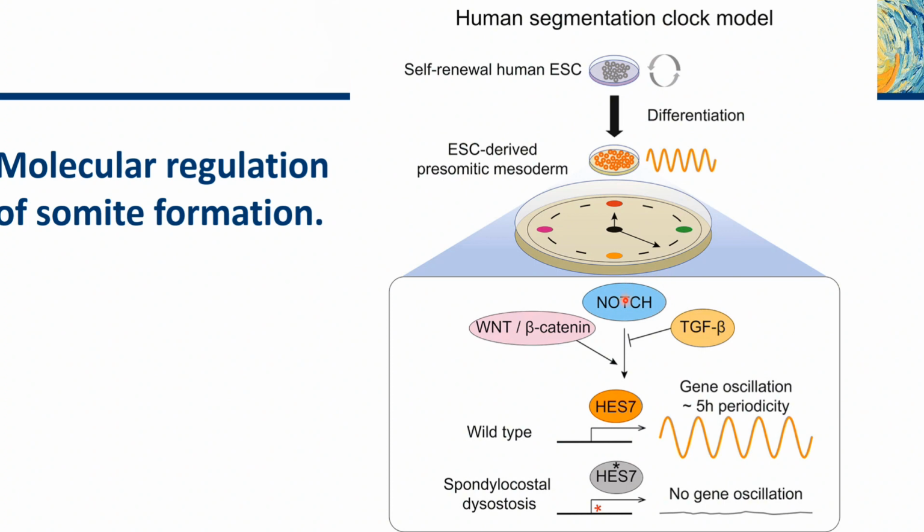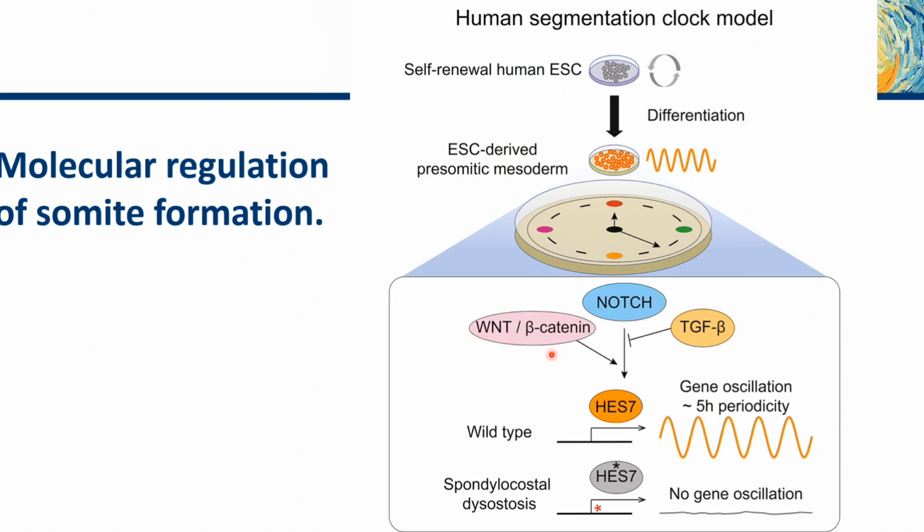So the Notch and the WNT genes are activated in an oscillating pattern. Their concentrations are higher in the presomitic mesoderm, which is destined to form the somite, and when somites are formed, their concentration decreases. So there is an oscillating pattern in the Notch and WNT proteins.